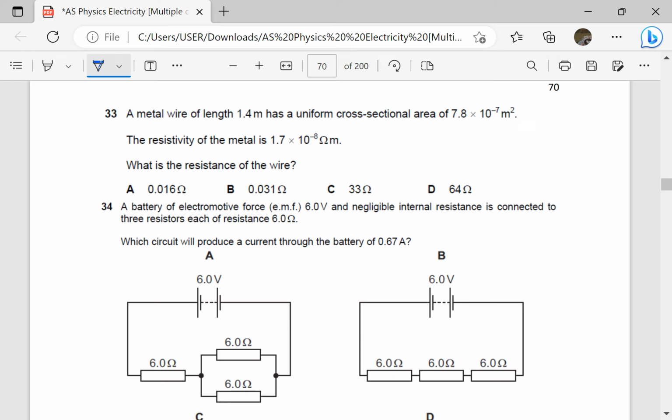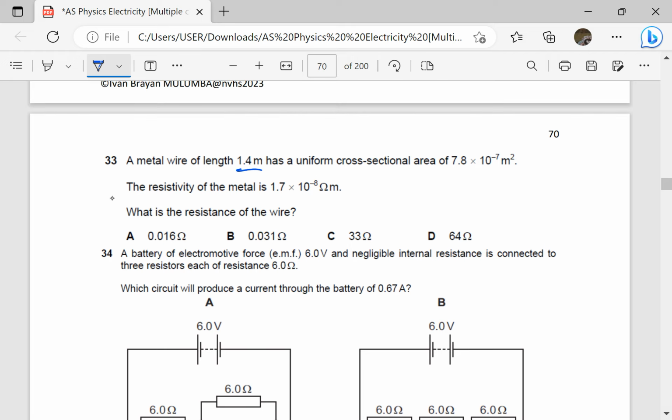A metal wire of length 1.4 meters has a uniform cross-sectional area of 7.8 times 10 power negative 7 meters squared. The resistivity of the metal is 1.7 times 10 power negative 8 ohm meters. What is the resistance of the wire? So we know that resistance is equal to rho L over cross-sectional area.